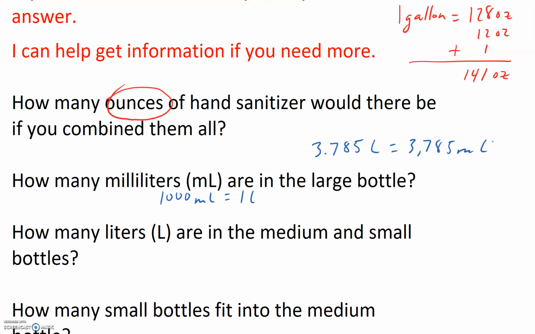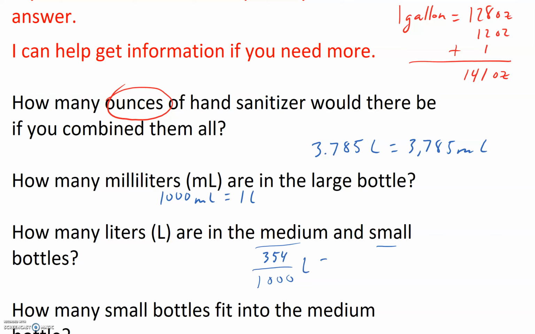How many liters are in the medium and small? Let's change colors. So in the medium, there were 354 milliliters, right? Well, there's 1,000 milliliters in a liter, so I'm going to divide that by 1,000. And that's actually my answer.